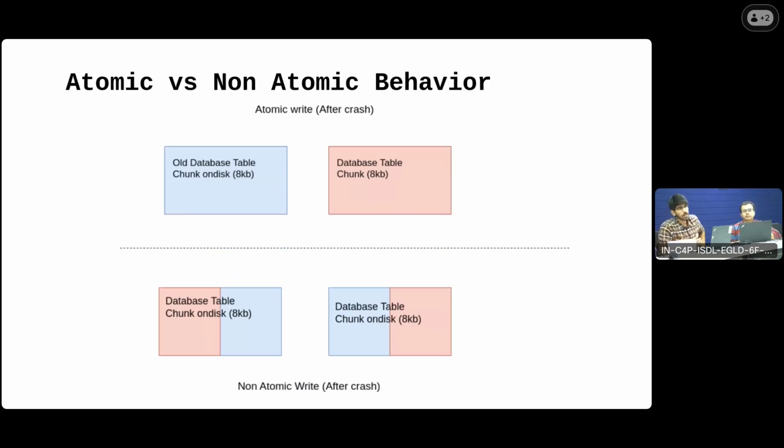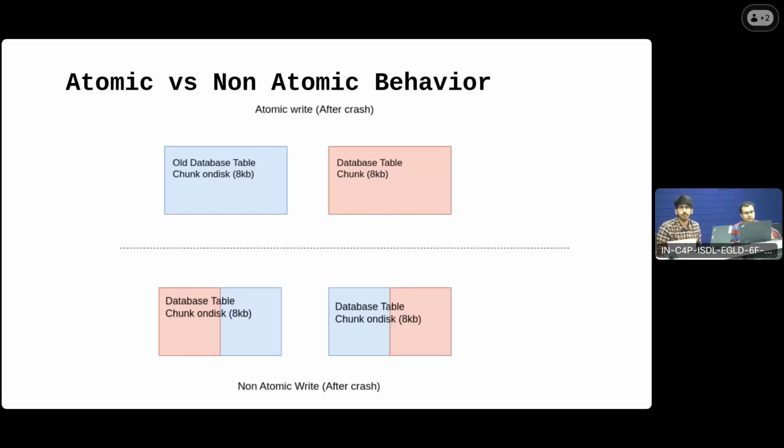In other words, a write is said to be atomic if it can either complete fully, or if it fails, the old data is completely as it is. We can't have half the write successful and half unsuccessful. So if you look at the diagram, the above two scenarios are atomic writes after a crash.